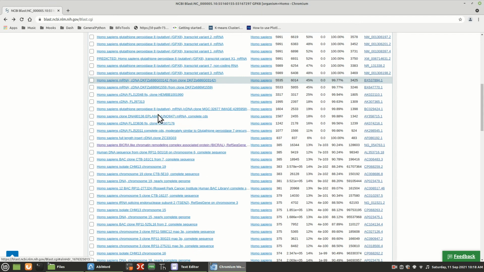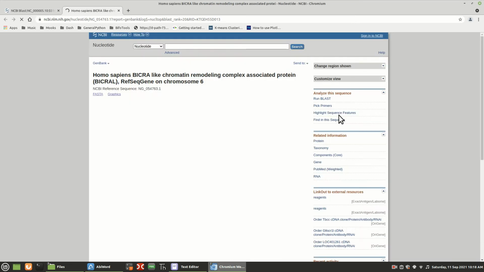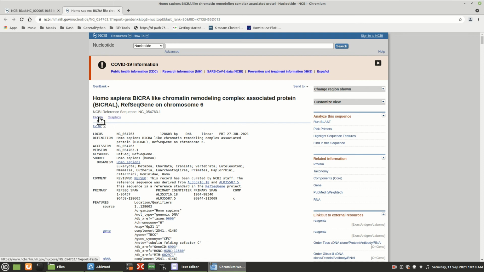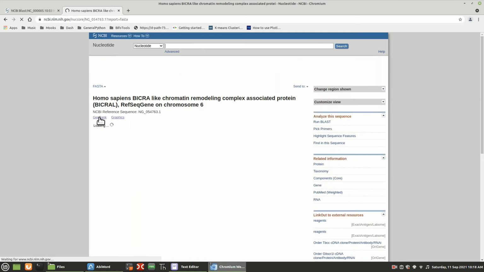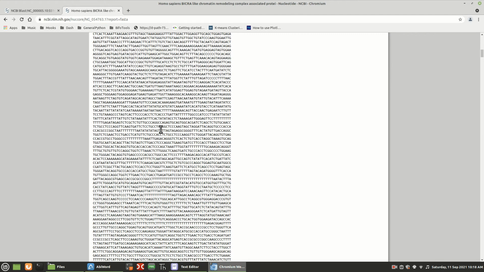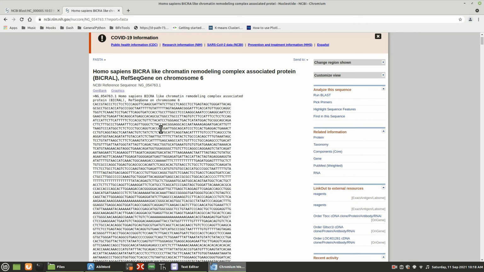Moving forward. Okay, let's click on this one here and see. Let's just look to see how big of a FASTA that is. That's considerable. So it might be that this is a larger piece of DNA and it just happened to get incorporated into it.